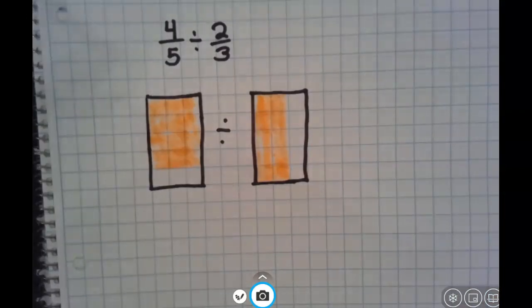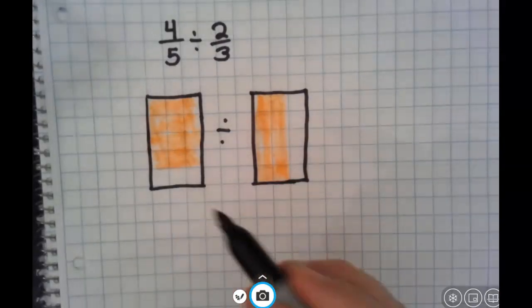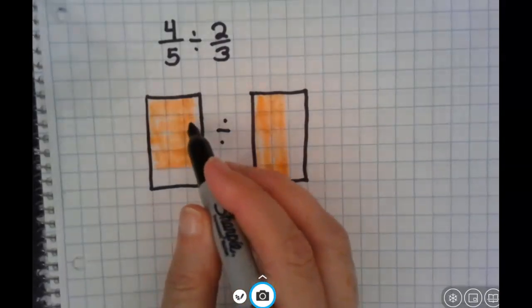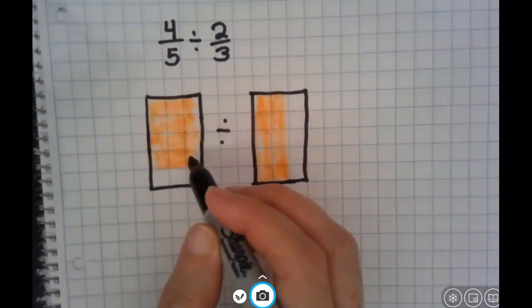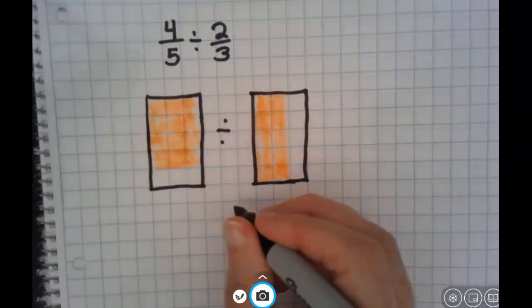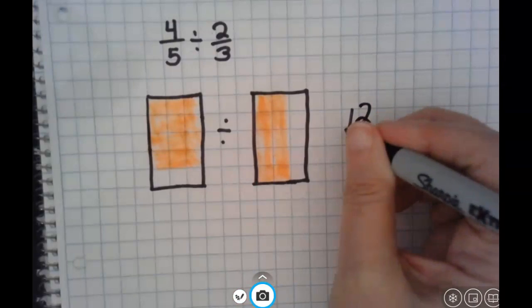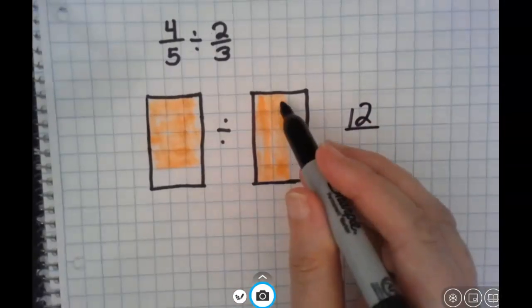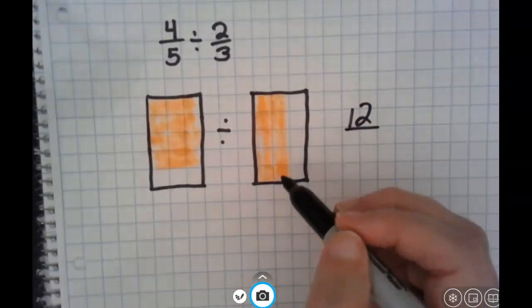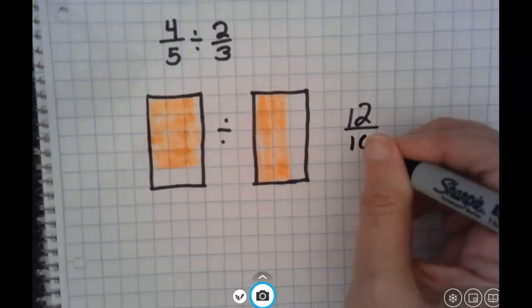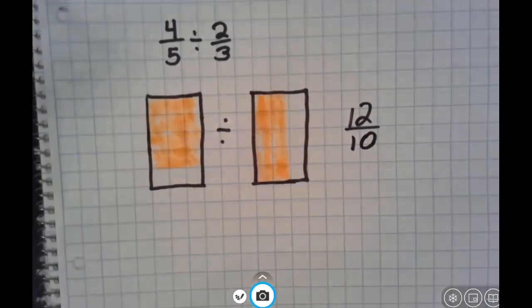Now we need to figure out how many boxes are shaded in this one. 1, 2, 3, 4, 5, 6, 7, 8, 9, 10, 11, 12. So we have 12 divided by, here we have 2, 4, 6, 8, 10. 12 over 10. 12 divided by 10.